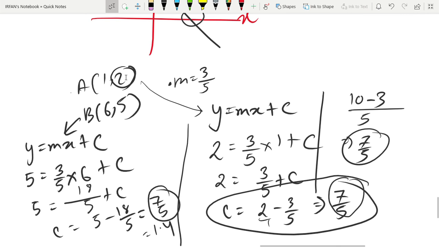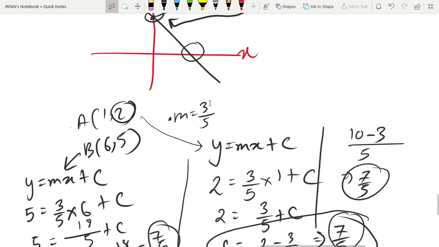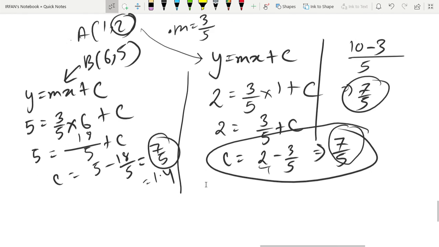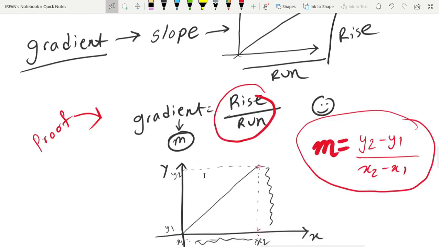Instead of y, I'm going to put the y coordinate. Instead of m, I'm going to put the gradient which I have found from the coordinates. Then instead of x, I'm going to put the x coordinate value, and plus c. C we will have to find, as a constant, like in algebra. We did some algebra and we saw that using both coordinates we get the same y-intercept.